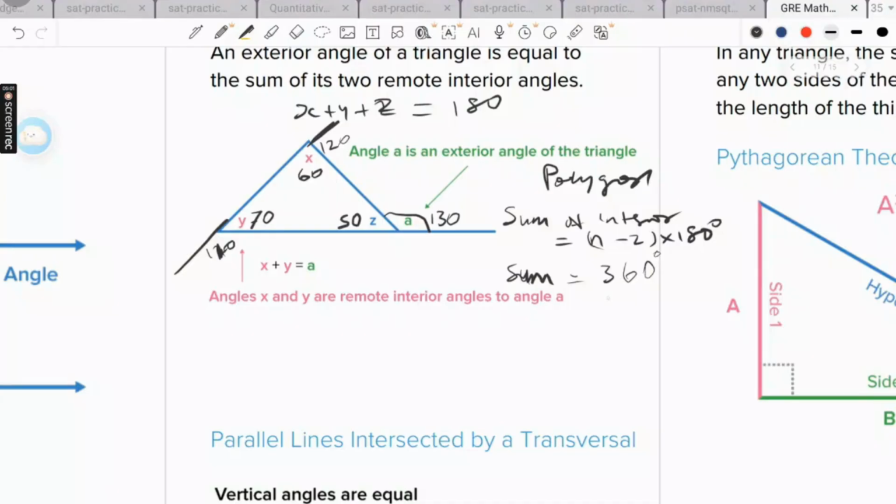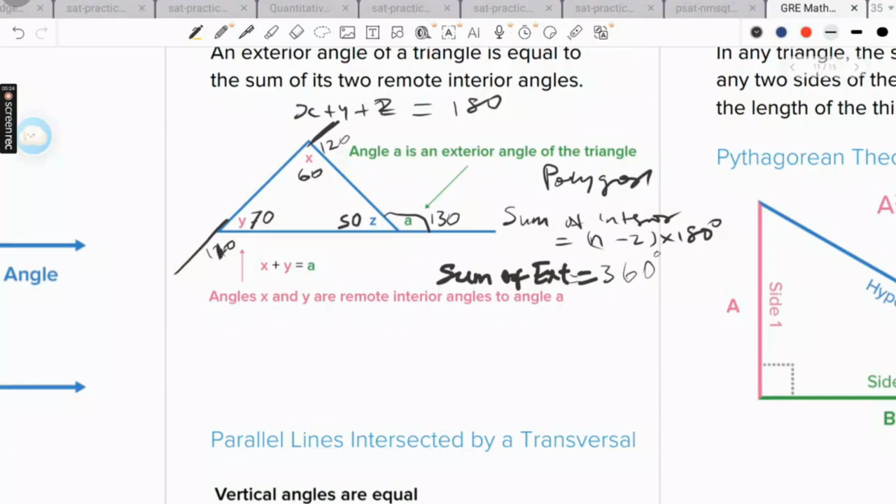When we said sum, you see my mistake. I didn't complete what I wrote. I said it, I vocalized it, but did not write it properly. Sum of exterior angles equals 360 degrees.